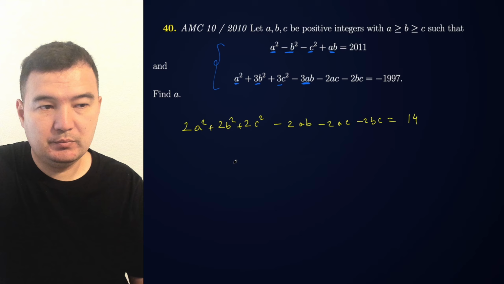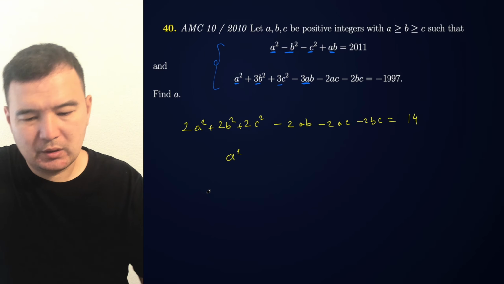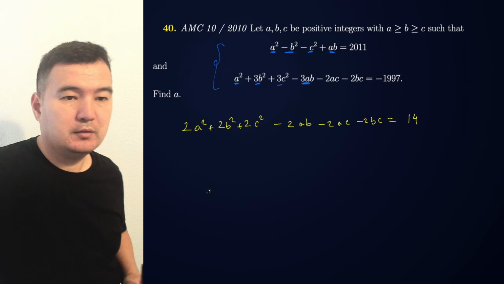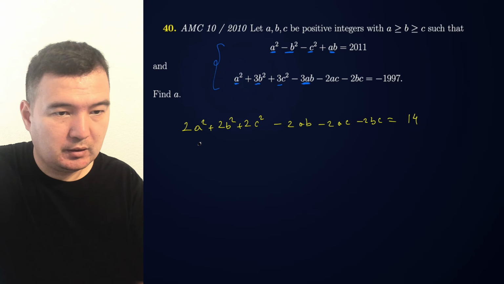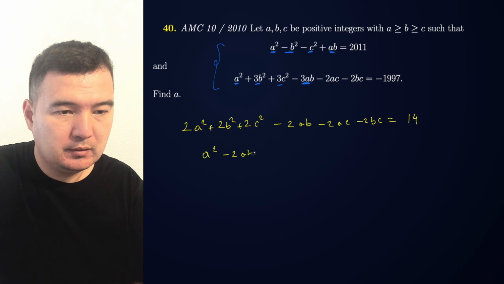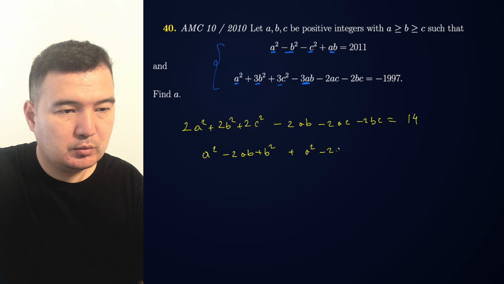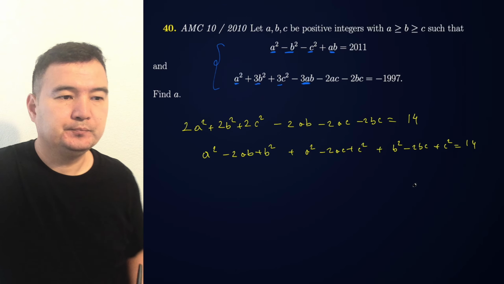Divide both sides by 2 because we have multiples of 2. Actually, I don't want to divide it, because from here I can see squares. So how do you see the squares? It's A square minus 2AB plus B square, then A square minus 2AC plus C square, and then B square minus 2BC plus C square is 14, right?